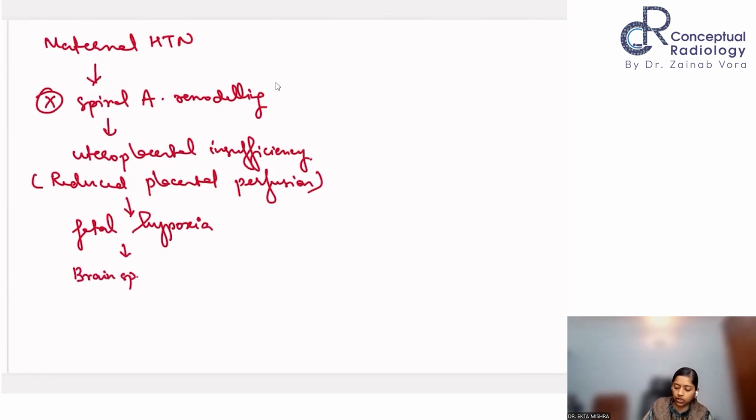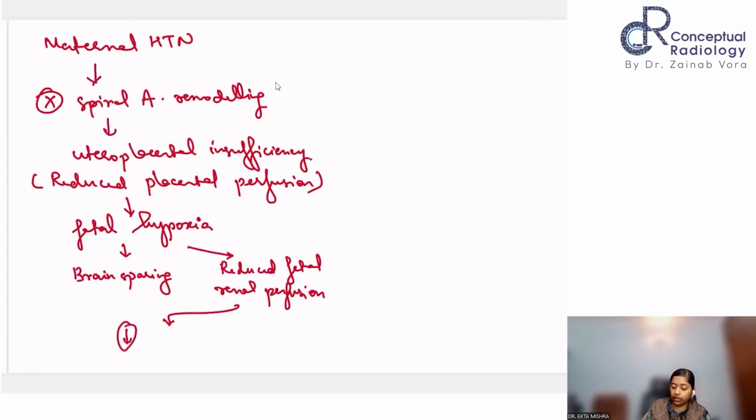So you see MCA changes, and there is shunting of blood from the kidneys, right? So once there is reduced fetal renal perfusion, it will eventually lead to hypoperfusion of the fetal kidneys, decreased urine output, and that leads to oligo.